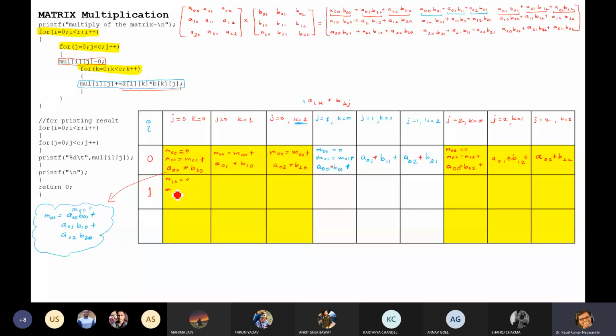Now M10 equals M10 plus A IK. What is the value of IK now? Tell me. 1, 0 multiplied by B KJ. What is the value of K? Sir, 0, 0. So this is 1, 0, 0, 0 coming here. Yes or no?